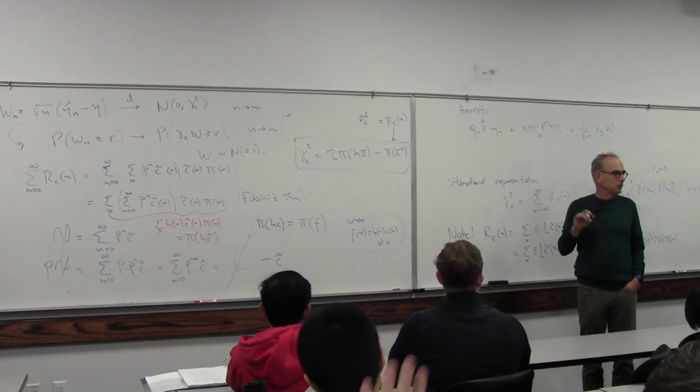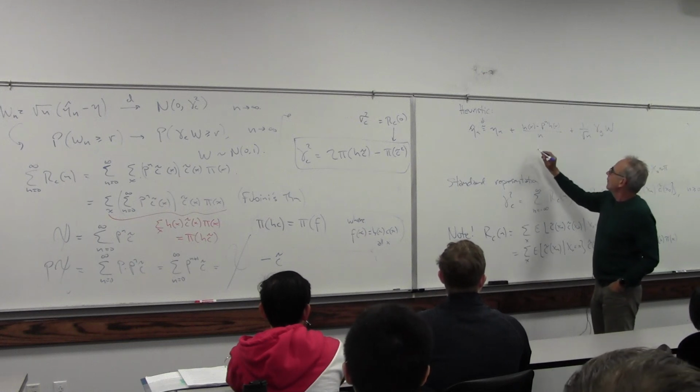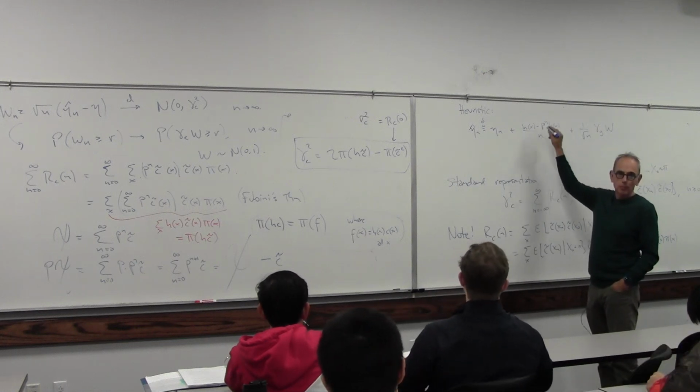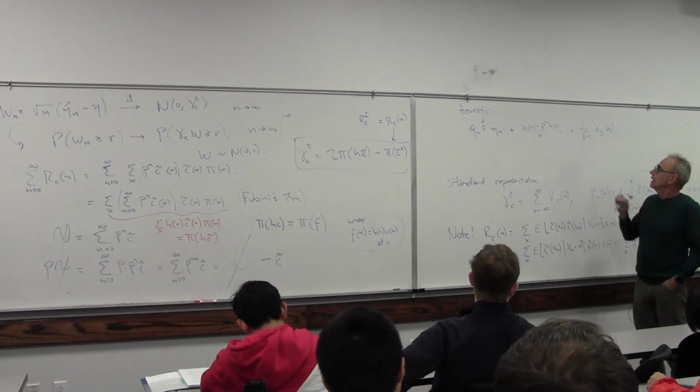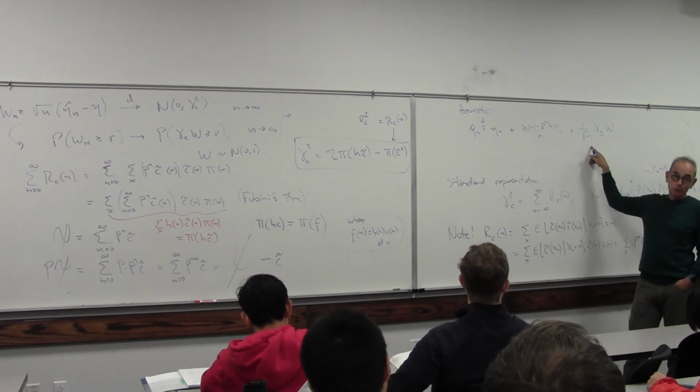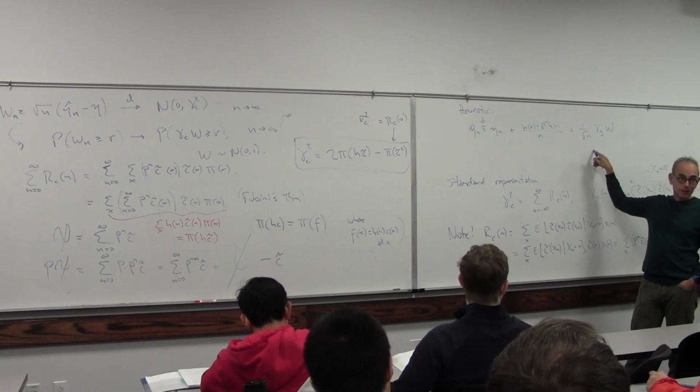You just have to be very careful what you mean. But you've got the normal notion of bias over here, and then you've got this thing over here. And that's a 1 over n, and that's a 1 over square root of n. So that definitely dominates.